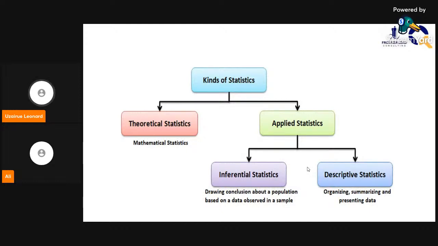So that is what brings about inferential statistics.